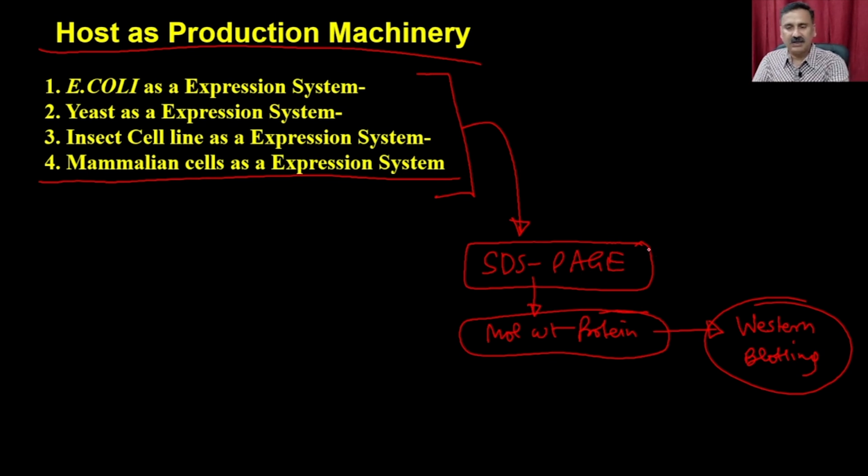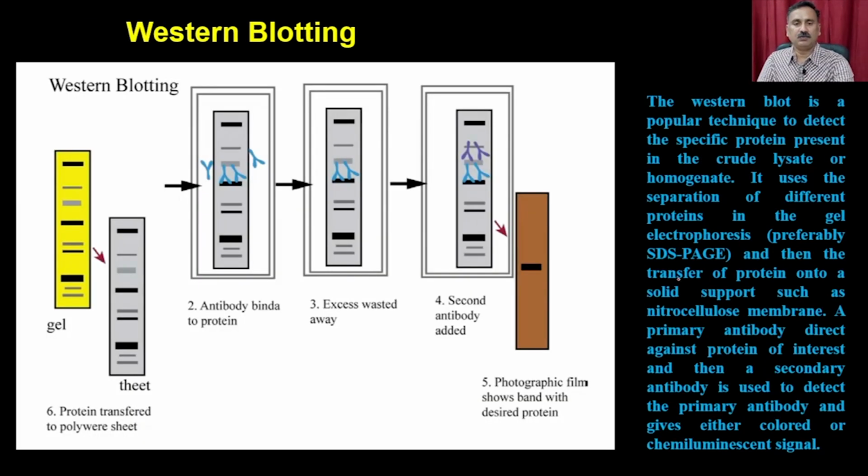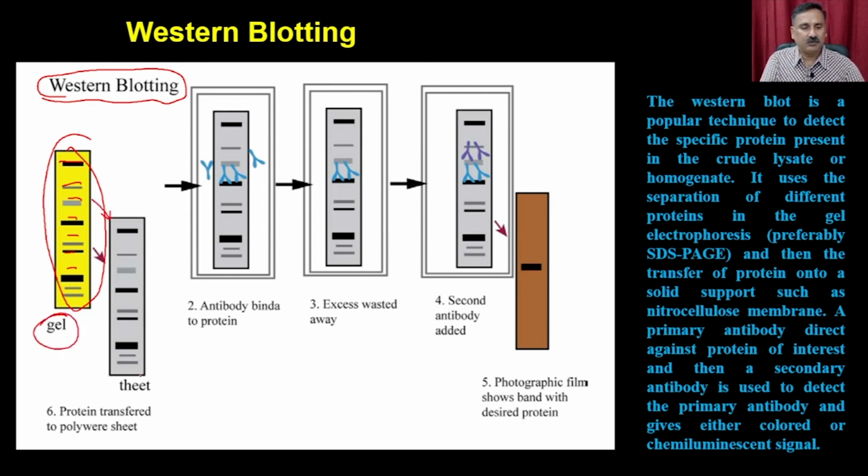Western blotting can be done in multiple step reactions. First, you're going to run the SDS page, okay, so you're going to get the pattern of bands on the gel. You're going to transfer that onto a nitrocellulose membrane, and that pattern is going to be maintained, right? And then you are going to treat it with the primary antibody.